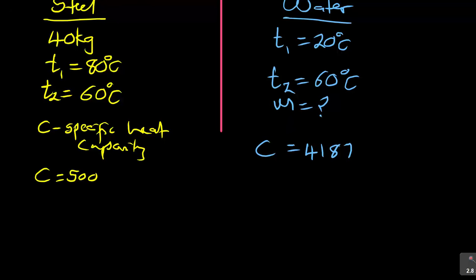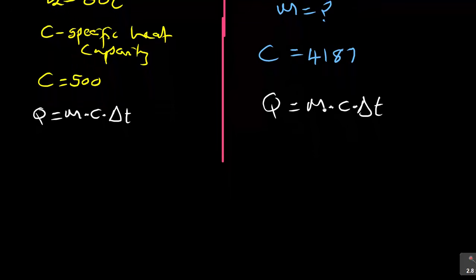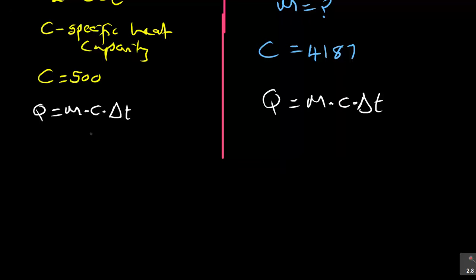The first one here: Q is equal to M dot C dot change in T. And here too, Q is equal to M dot C dot change in T. So now we have divided our line, just so that I don't mix up the formulas and the numbers.